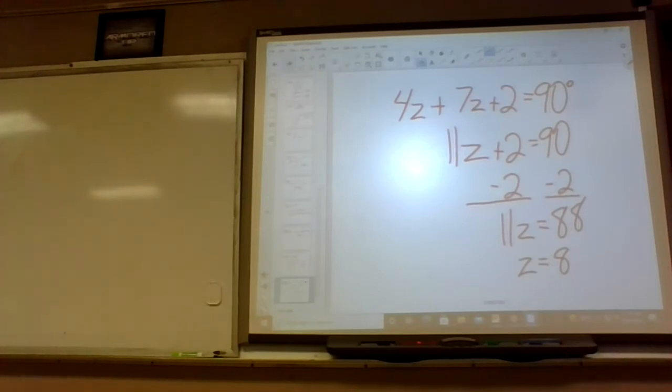And then for C, it says find angle JHK, the other angle. How would I find angle JHK? You can do 7 times 8 plus 2, or you could do 90 minus the answer from B.